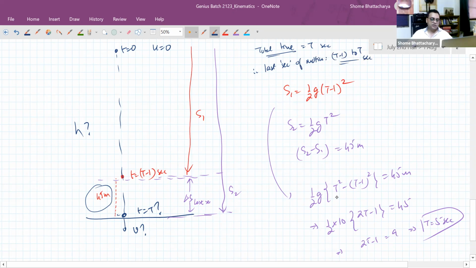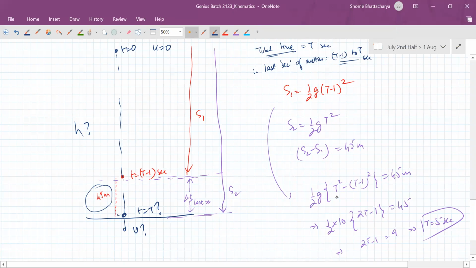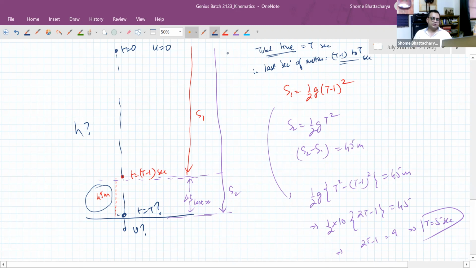So that was the thing I had to catch in the question. So all of you understood now that the total time is 5 seconds, and therefore the last second is from t equal to 4 from the beginning to t equal to 5. That interval is covering 45 meters.